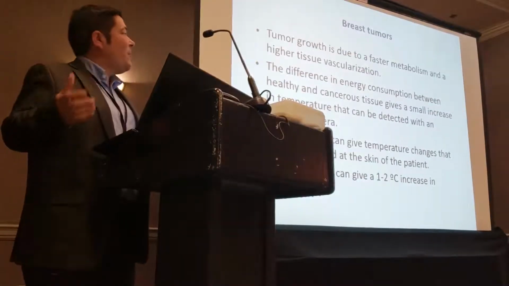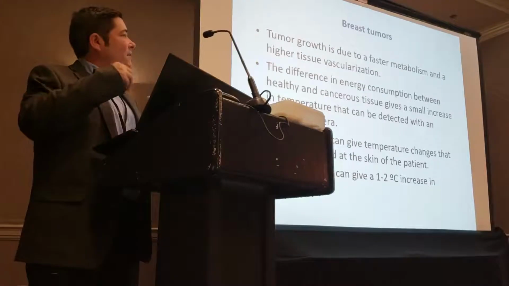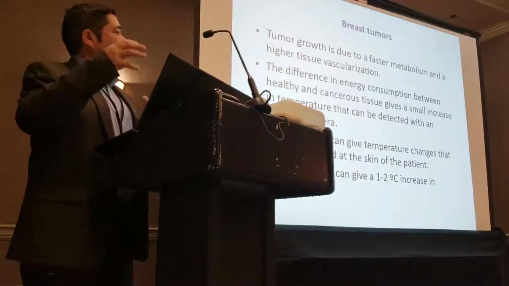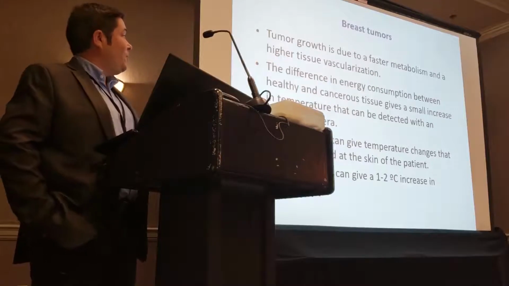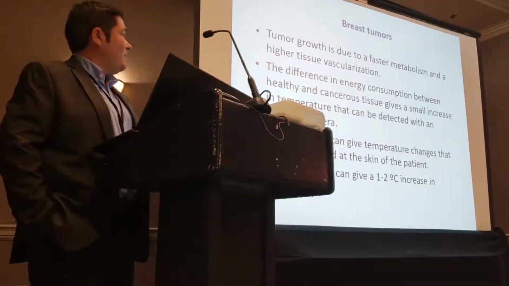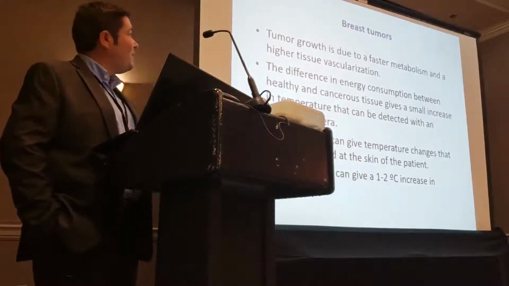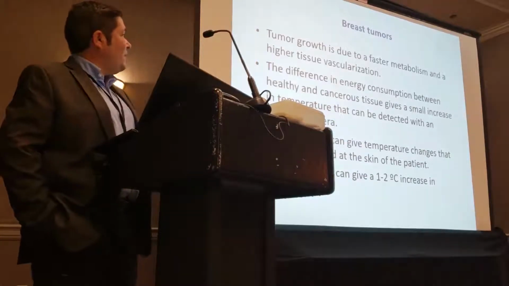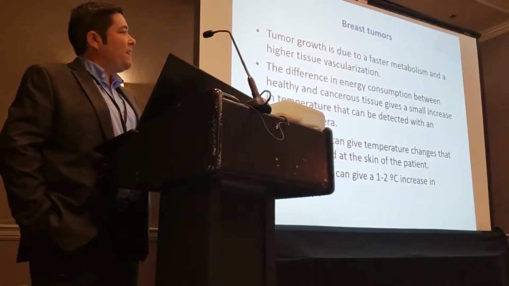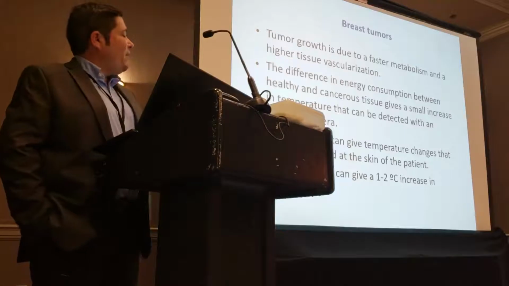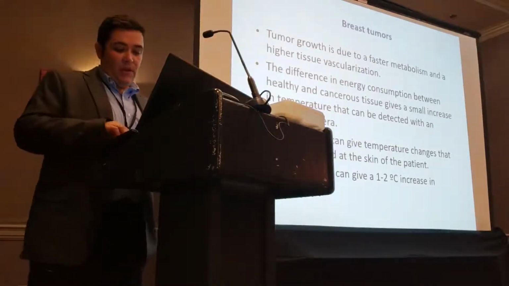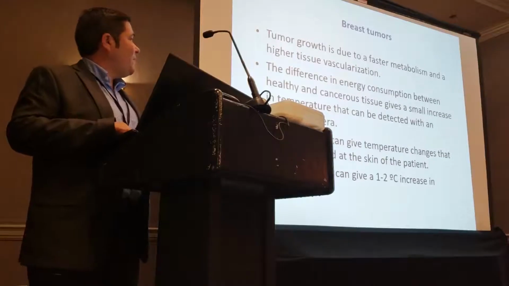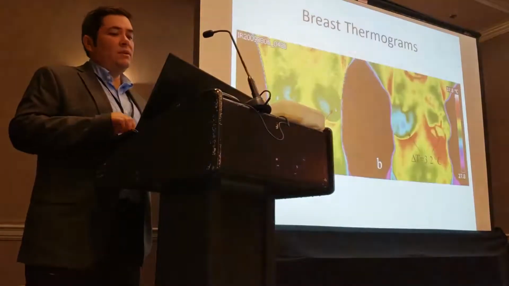So there's a process called angiogenesis that takes place inside the tumor to increase the blood flow in the tumor and get more food to, in this case, the tumoral cells. And this increase in metabolism and perfusion makes those tumors have a higher temperature than normal tissue. And those increases in temperature can be measured with an infrared imaging system.